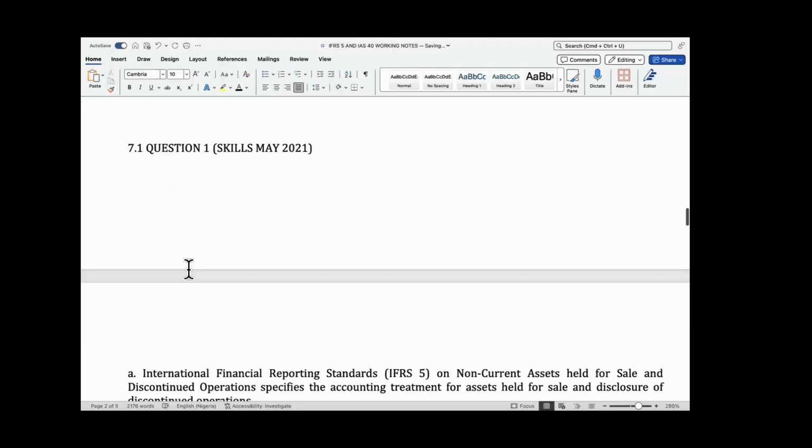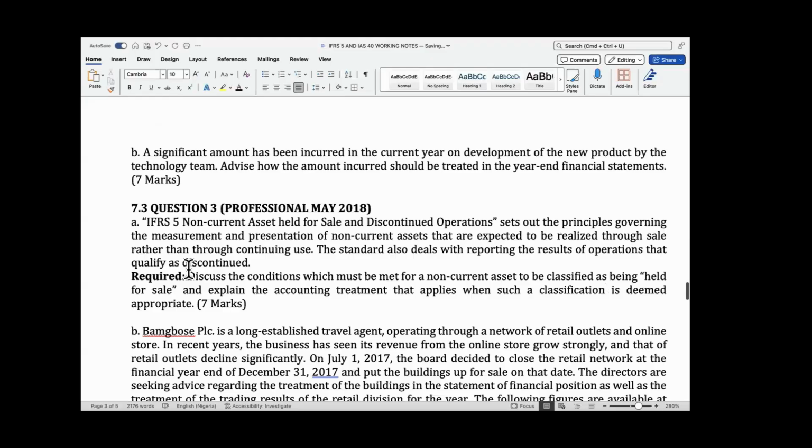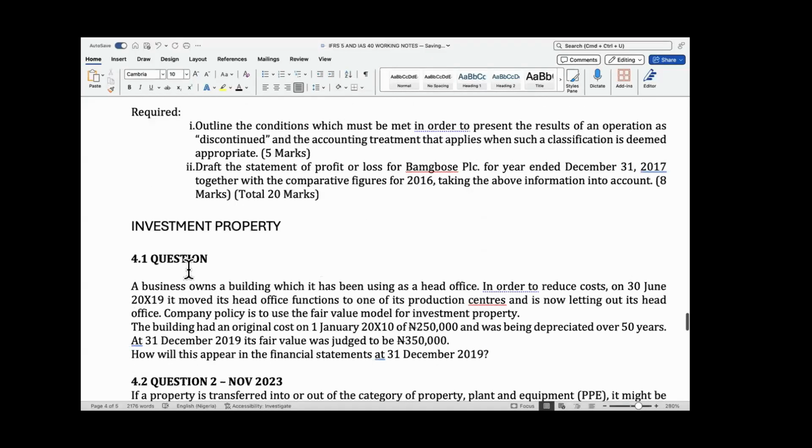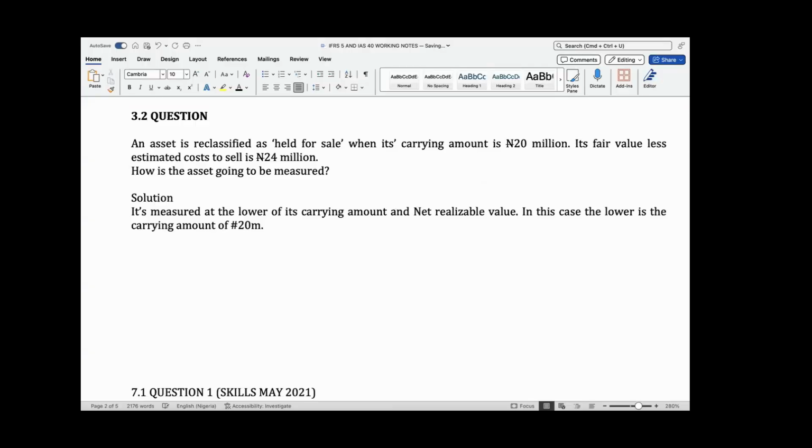Then the next question is past corrections. Before we move to the next question, let's talk about the second part, which is discontinued operations.